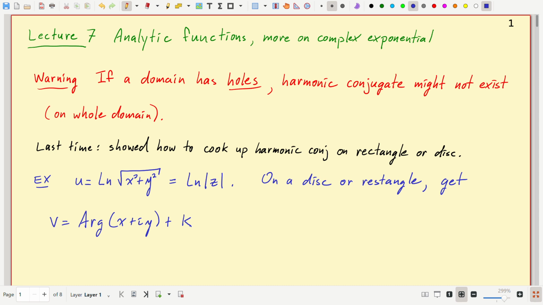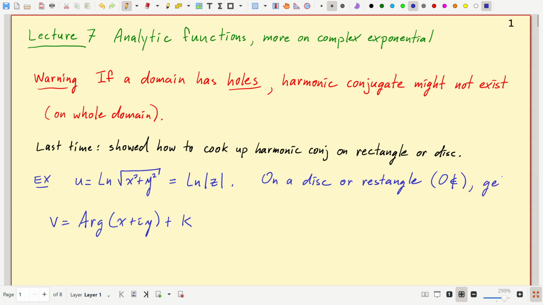So that would be a harmonic conjugate on a disk or a rectangle not containing 0. So 0 is not an element; the origin is not in that disk or rectangle.